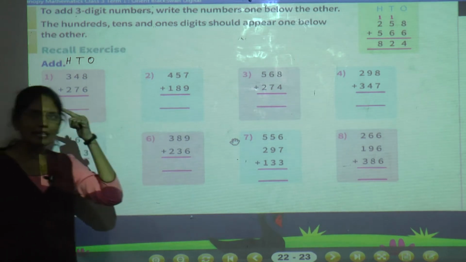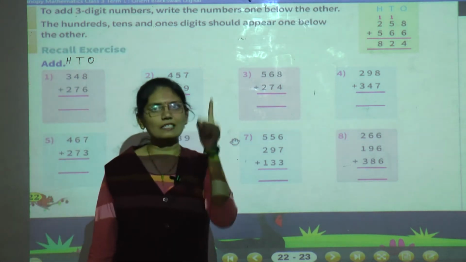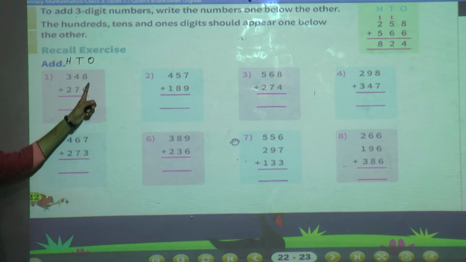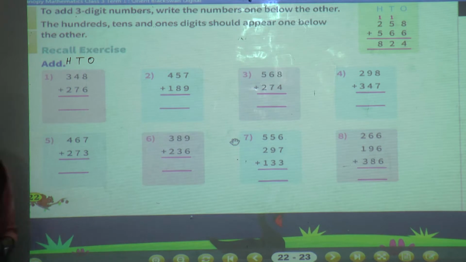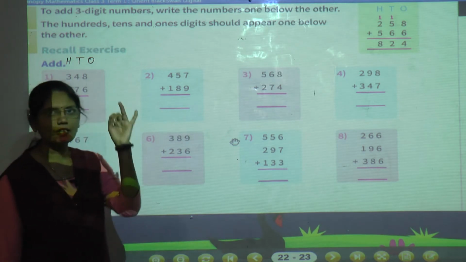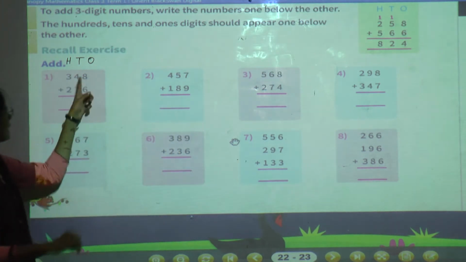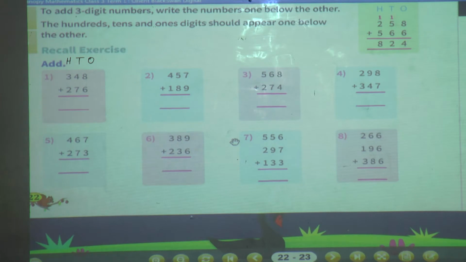Okay. Now 8 is in our mind and 6 in our hand. Show your 6 fingers. After 8, count your 6 fingers. Yes, after 8: 9, 10, 11, 12, 13, 14. So 8 plus 6 is 14.